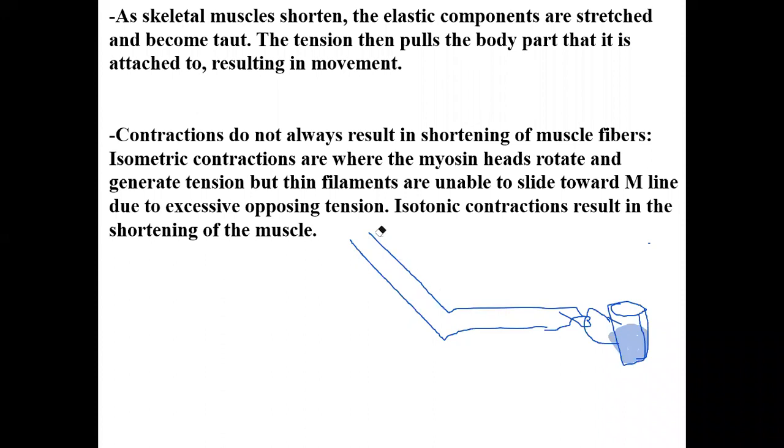That kind of contraction will change the muscle length. But because the tension remains the same, it is known as isotonic. Isotonic results in shortening of muscle. Okay, so we have those two types of contraction. It can be isometric or it can be isotonic.